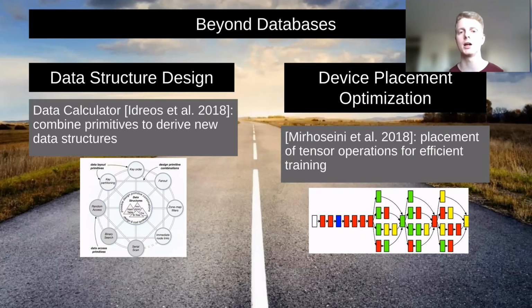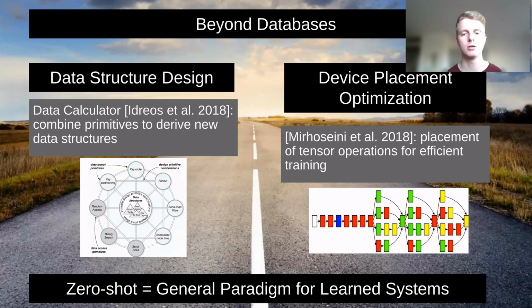So for a particular architecture, we have to observe many placements to come up with the right placement. And we believe that zero-shot learning could make this much more attractive because we would not need to observe any placements for an unseen architecture in this case. So in general, we think that zero-shot learning could be a general paradigm for learned systems and make them much more attractive to be deployed in practice.